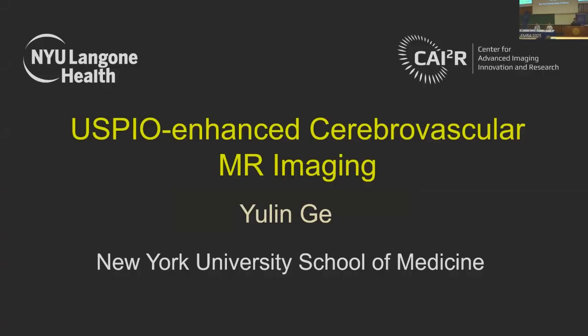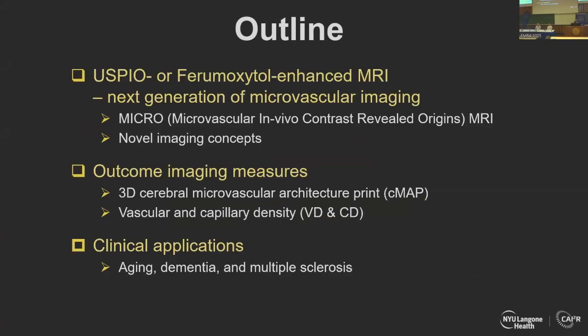Okay, thank you, Chen Chen, for the introduction, and many thanks to the meeting organizers for inviting me to give this presentation. My talk is USPIO Enhanced Cerebrovascular MRI Imaging, and we believe USPIO, or Ferumoxytol, enhanced MRI has the potential to become the next generation of microvascular imaging.